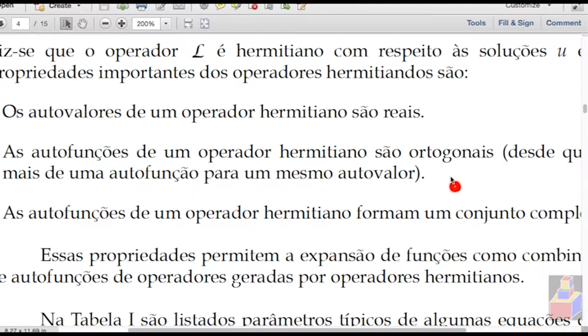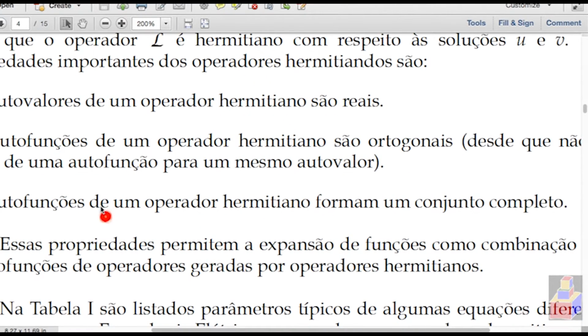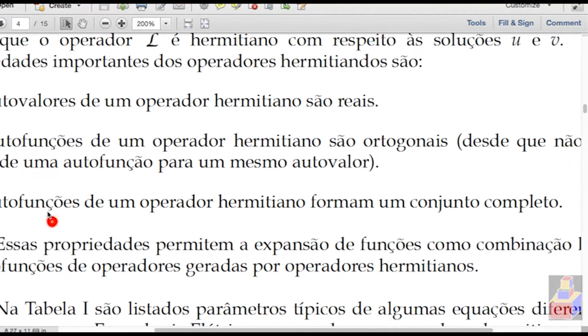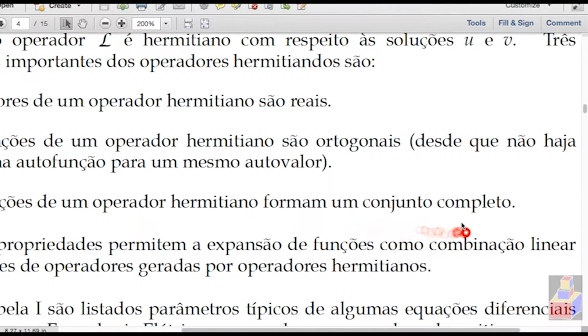Different eigenvalues, different eigenfunctions, dot product in the function space is 0. And last, not least, the eigenfunctions of a Hermitian operator always form a complete set.